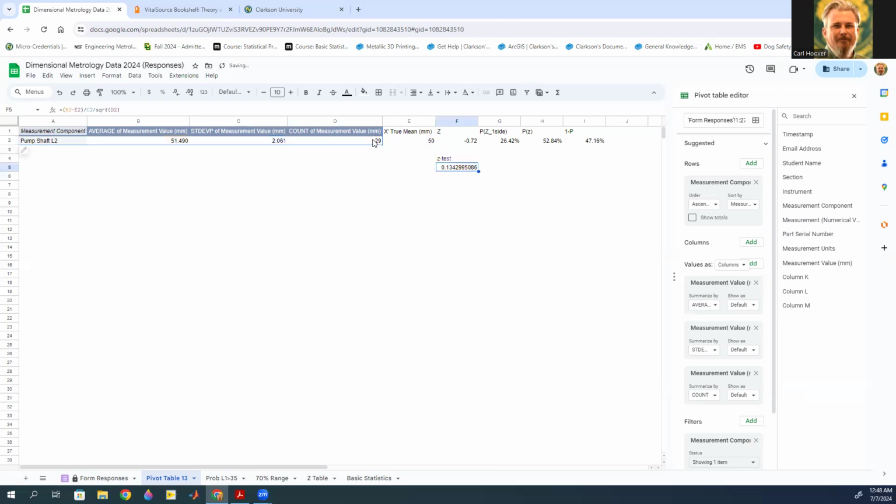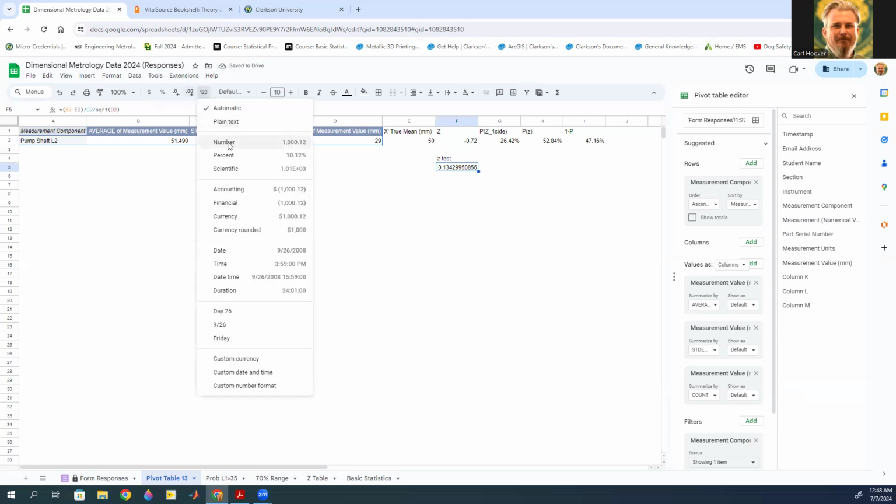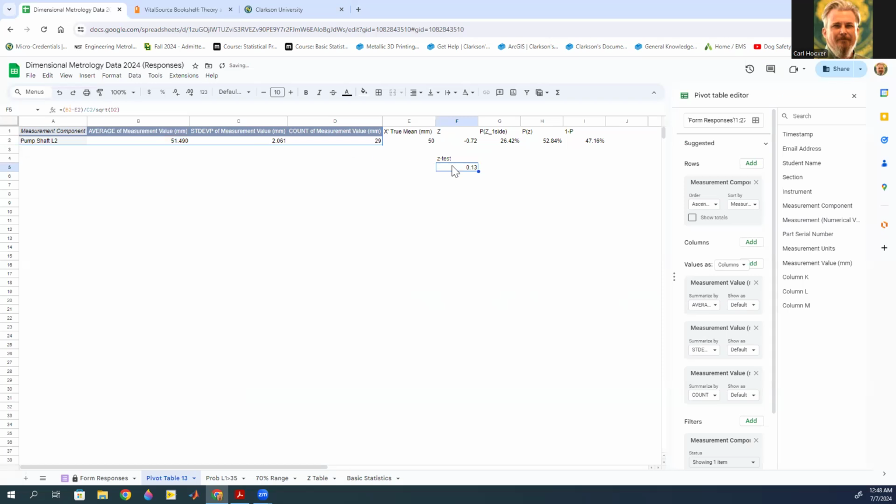And so we get a Z-test critical value for that of 0.134. 0.13 is probably good enough for the significant digits that we have.